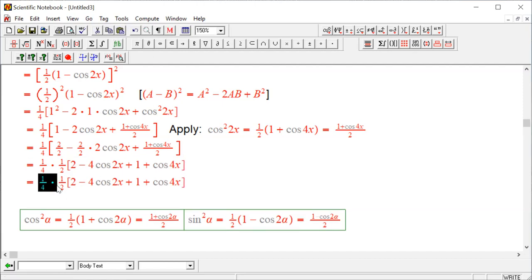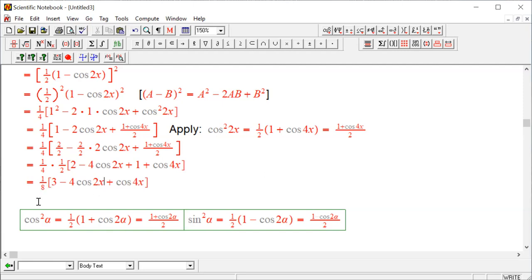A quarter times a half is 1/8. Inside the bracket, 1 and 2 make 3. So in the end, we have 1/8 times 3 minus 4 times cosine 2x plus cosine 4x.